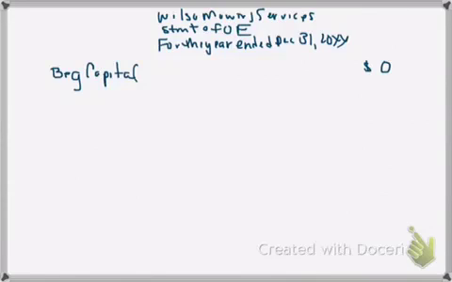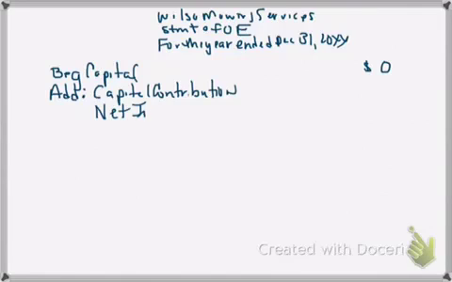Since we were not in business last year, it's going to be a 0 here. I then have to go in and add, and the things that I would add to this would be capital contributions, I would also add a net income.